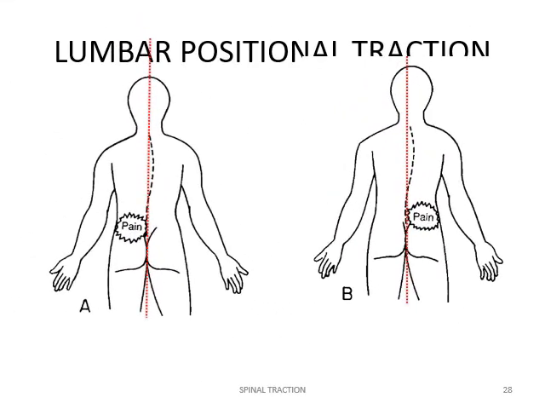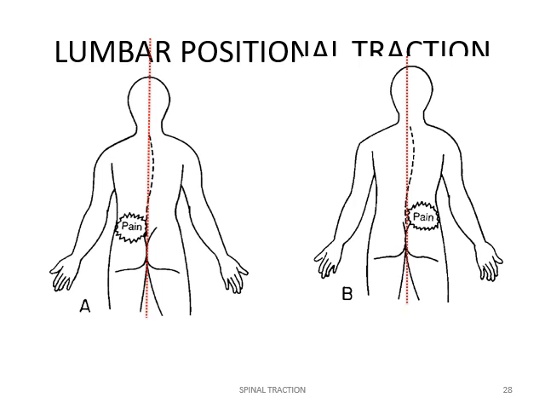Positional traction is normally used when the patient is on a very restricted activity program because of low back pain. The positions are used on a trial and error basis to determine maximum comfort and to attempt to relieve pressure on the nerve roots.